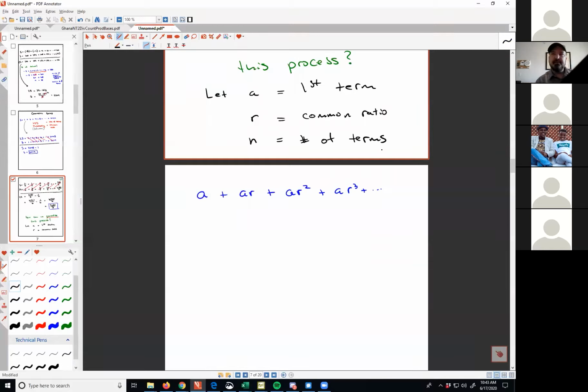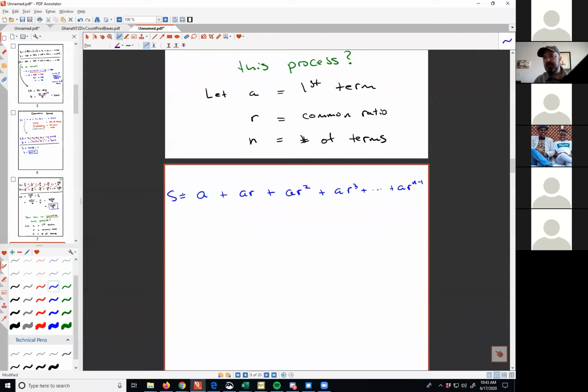If n is the number of terms, what is the very last term? AR to the power of n minus 1. Good. It takes n minus 1 common ratios to get from the first term to the nth term. That's one of those, again, we have to adjust by 1. We have to understand the process to know. So here we have this, and now our next step is to name the beast.